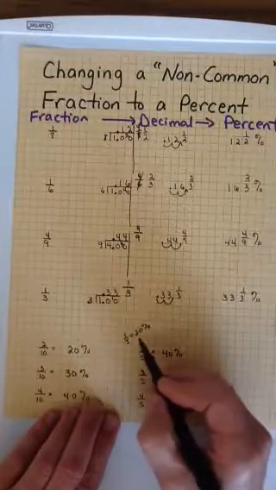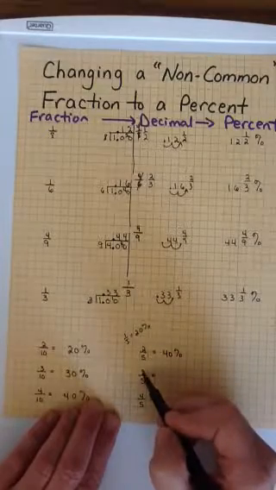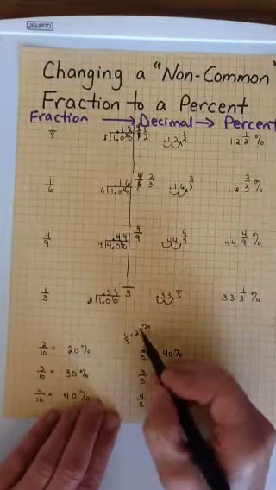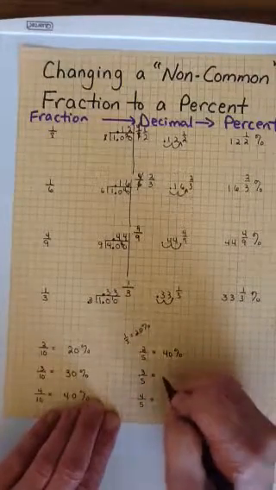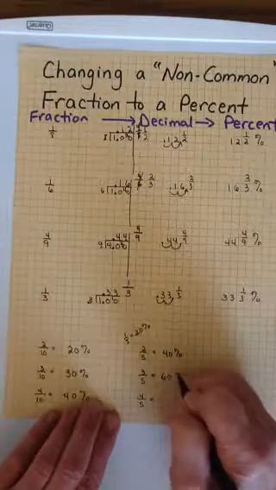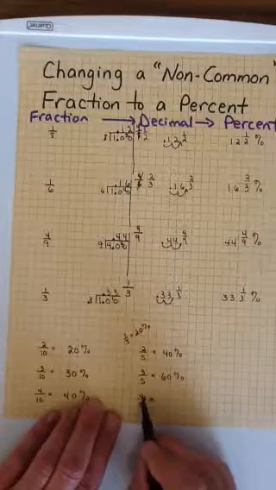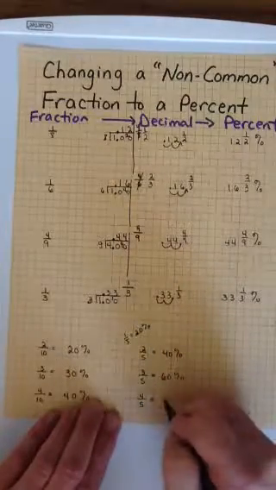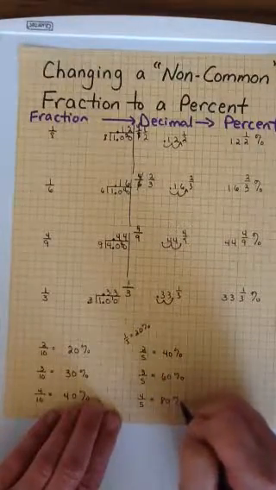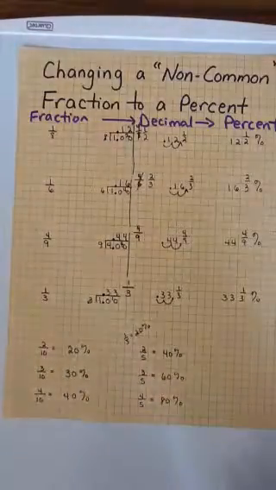If 1/5 is equal to 20%, then 3/5 is going to be equal to 3 times 20, which is 60. And 4/5 is going to be equal to 4 times 20, which is 80. Okay.